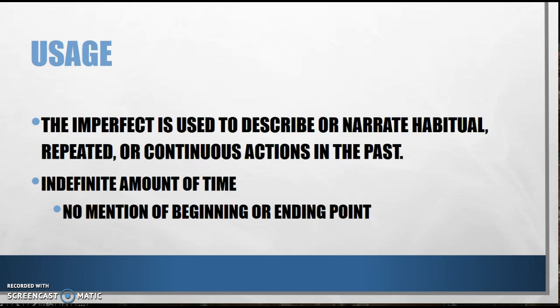Those are habits or repeated actions, things you did over and over. Continuous actions as well. So typically these are an indefinite amount of time. It doesn't matter when it started or ended. We're more just showing that this was repeated, that it happened more than once.